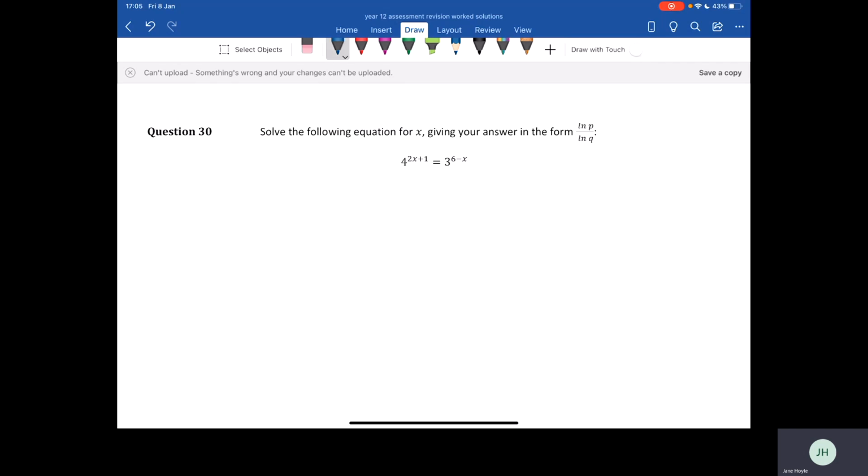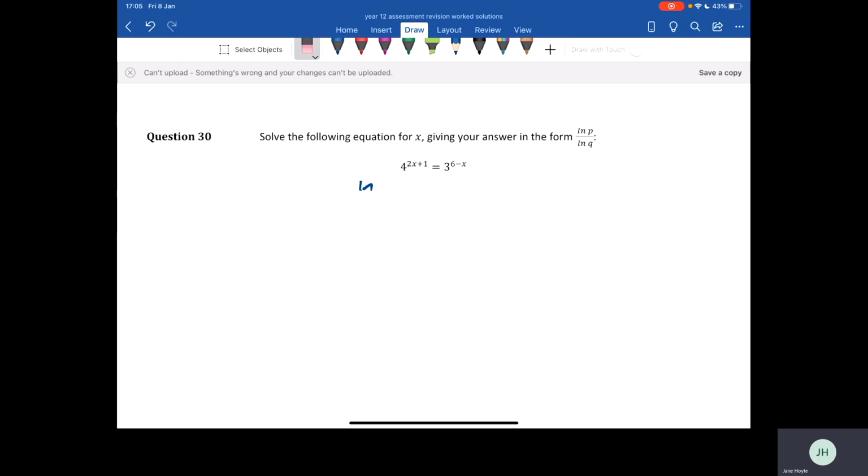Here, it is telling me to take natural logs of both sides. So let's have that as ln of 4 all to the power of 2x plus 1 equals ln of 3 to the 6 minus x.